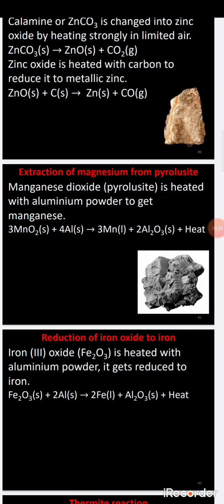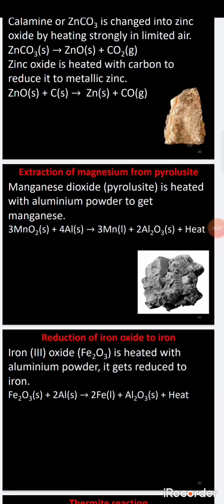Here they mention the equation MnO2 plus Al gives Mn plus Al2O3. In this case heat is liberated, and it is a highly exothermic reaction. The amount of heat evolved is so large that the metal is produced in the molten state.